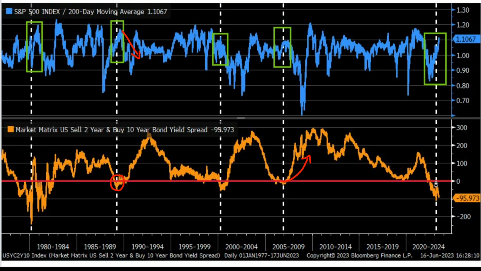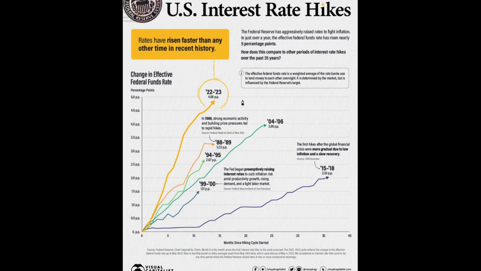And so you can only imagine that if we follow the trend, or follow what history has told us, if we come out of this inversion, the next likely possible outcome is for the S&P 500 to follow to the downside. This also comes at a time that we've raised our percentage points in terms of federal funds rate at the highest and the most aggressive pace in history.